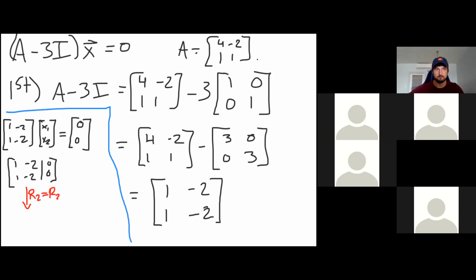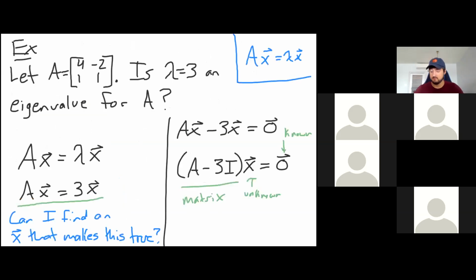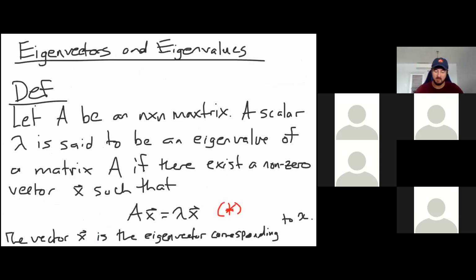I have a question. What's up? Since your matrix is a 2 by 2, why is your x unknown matrix vector not a 2 by 2? So remember, go back to where we started. Maybe I didn't say it in here, but these eigenvectors are in Rn. Good question.